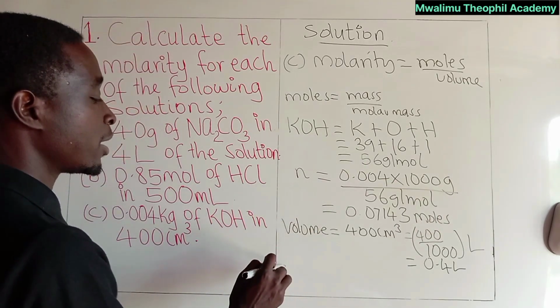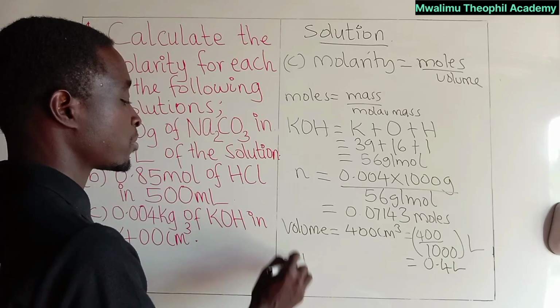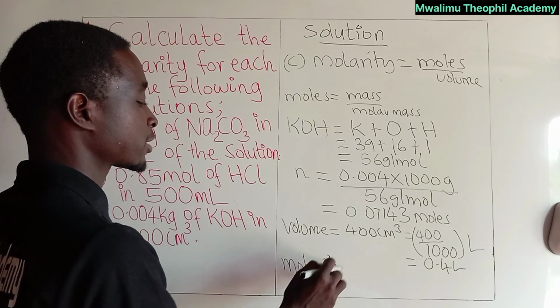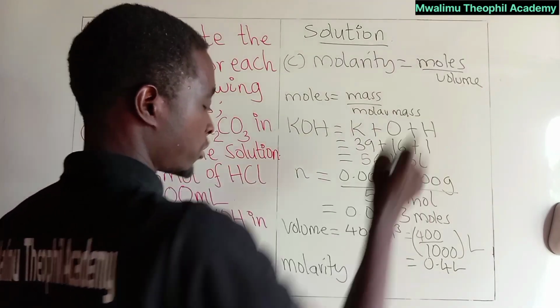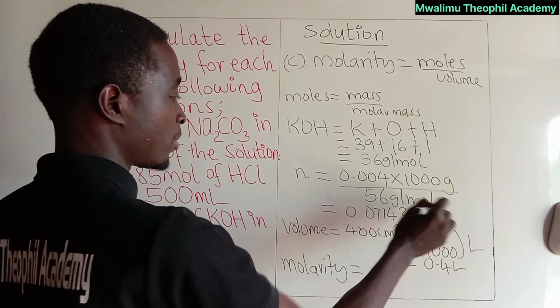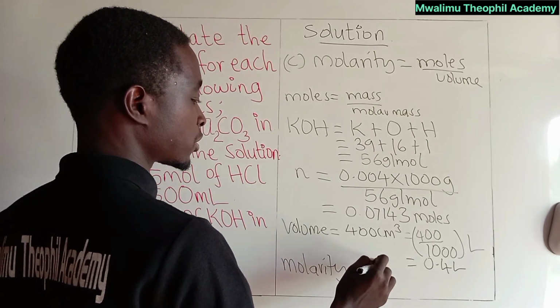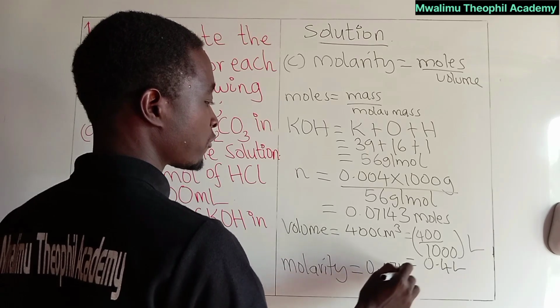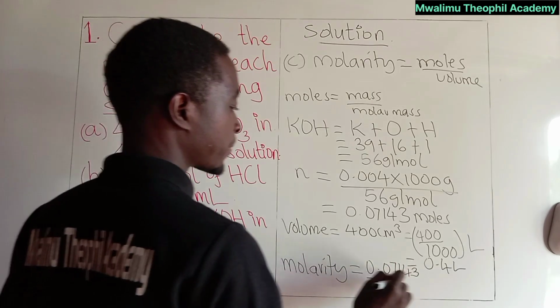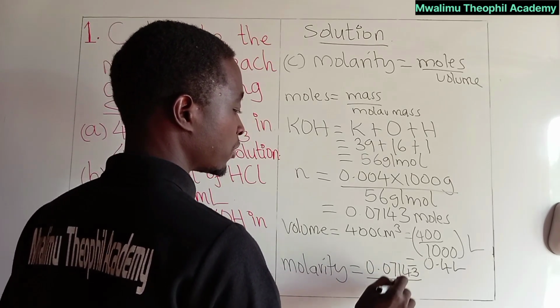Now let's finish with the molarity. Molarity, we have said, is equal to number of moles over volume. So it will be equal to the obtained number of moles, which is 0.07143 over 0.4.